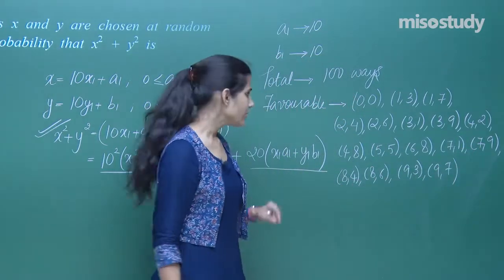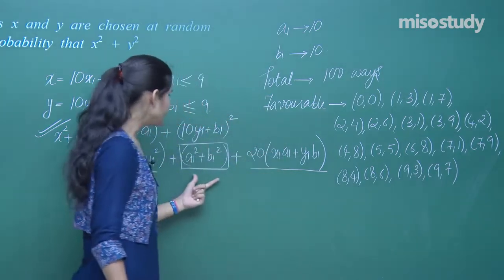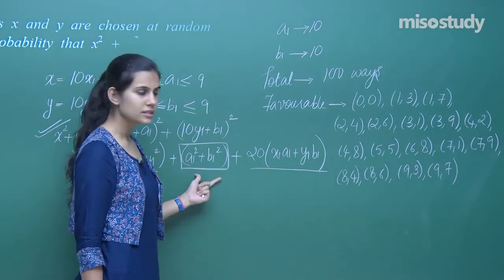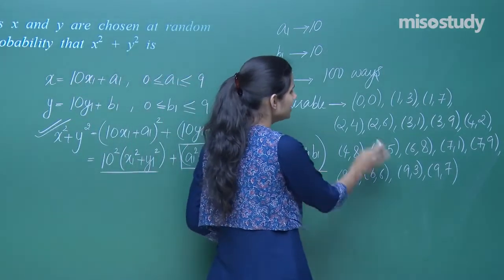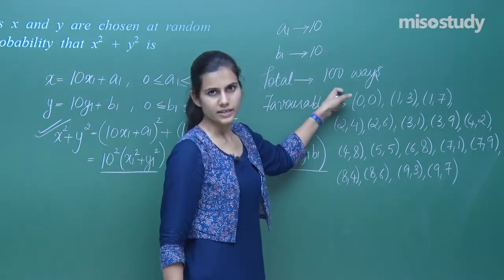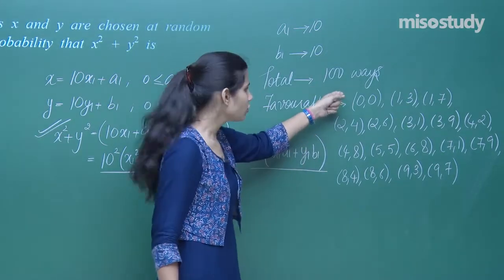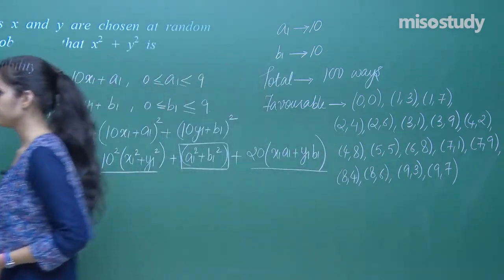These are all the ways in which you can write A1 square plus B1 square being divisible by 10. Clear? So therefore your probability becomes the total number of favorable events upon the total number of elementary events, and that is going to give you the answer. So quickly note this down, understand this concept, and we are going to go ahead with the next question.